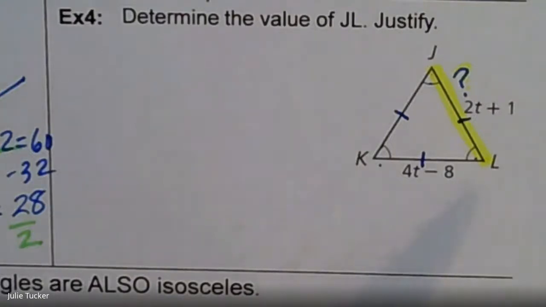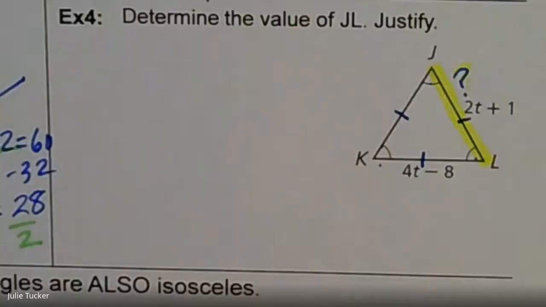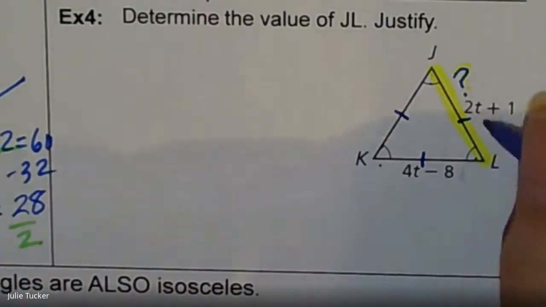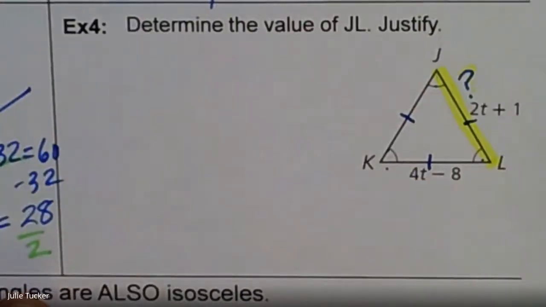So what equation can I write? Not add them, but what? Equal to 180? Nope, because that would be for the angles, not for the sides. You can equal 180 with your angles, but these are sides. We can set them equal to each other.